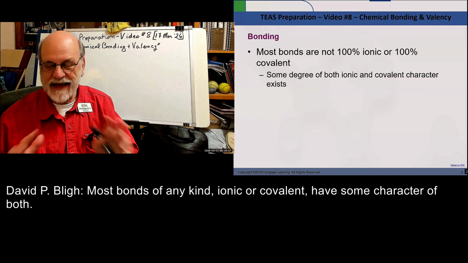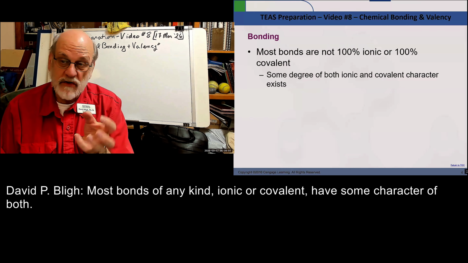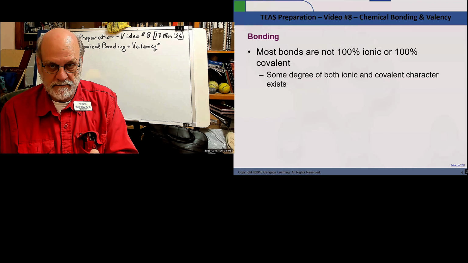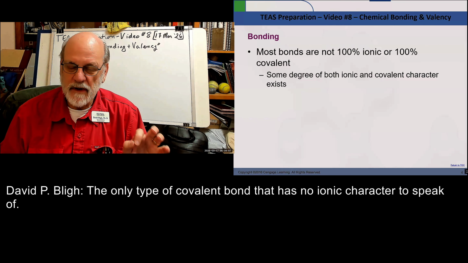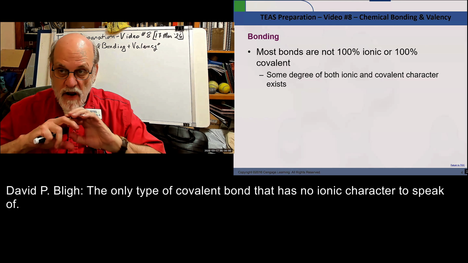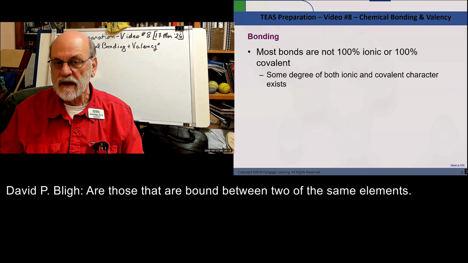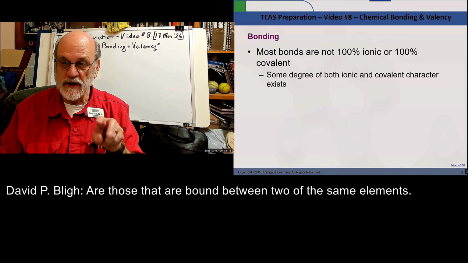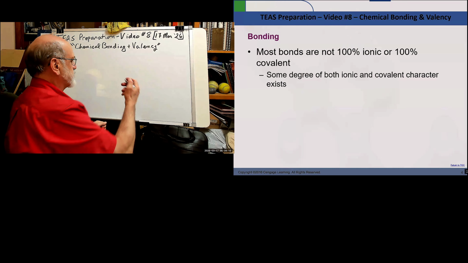Most bonds of any kind, ionic or covalent, have some character of both. The only type of covalent bond that has no ionic character to speak of are those that are bound between 2 of the same elements, like dinitrogen.